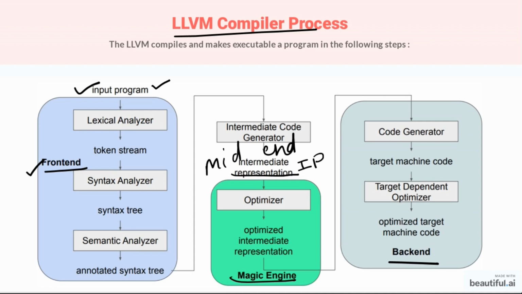People also call it the IR file. This IR file will pass to the second step, the mid end, and it will give an optimized IR file. Now this optimized IR file will pass through the last step, the backend, which will provide optimized target machine code that can be executed, right?